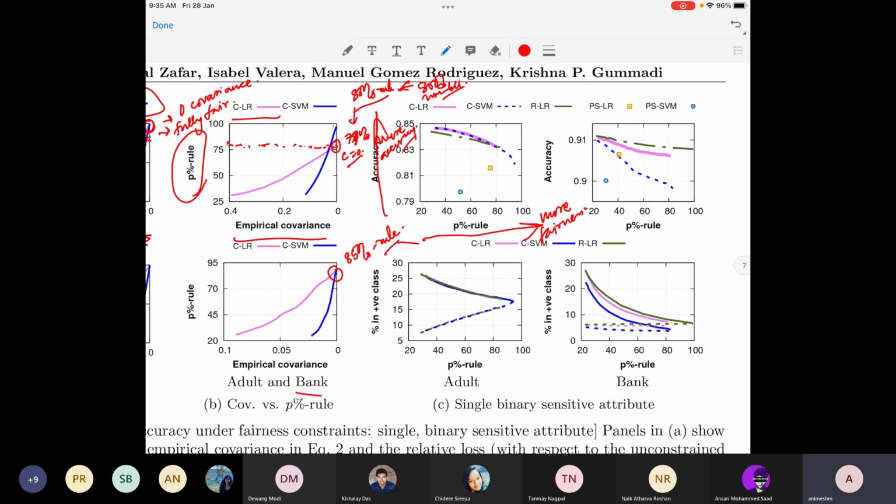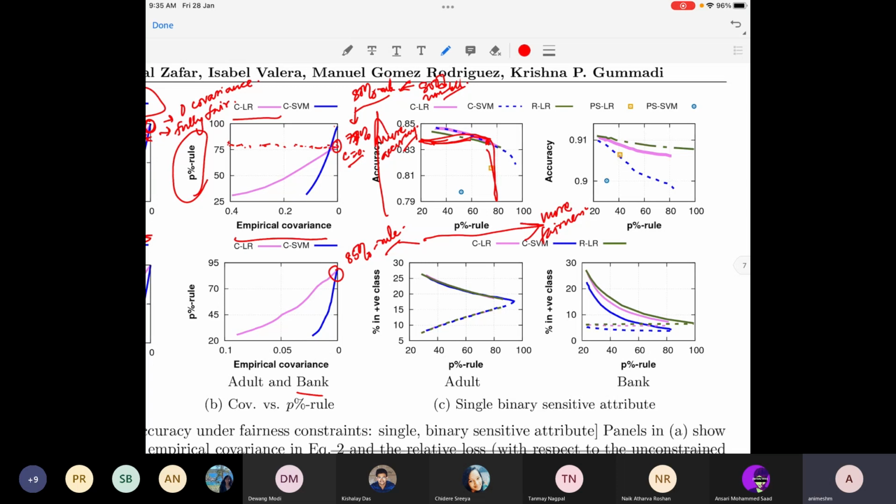Okay, and at some point, for instance at 80%, you have roughly 0.835 or 0.836 accuracy, which is not much compromise from the overall accuracy.